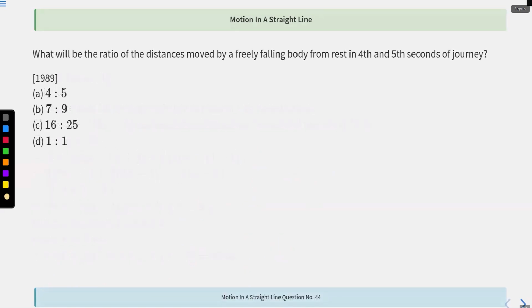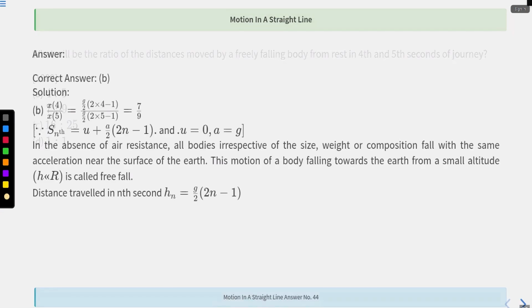What will be the ratio of the distances moved by a freely falling body from rest in the fourth and fifth second of the journey? So again, what will be the speed, they are basically asking, right? So this comes out to be again the fourth equation of motion, x of 4 and x of 5, right?